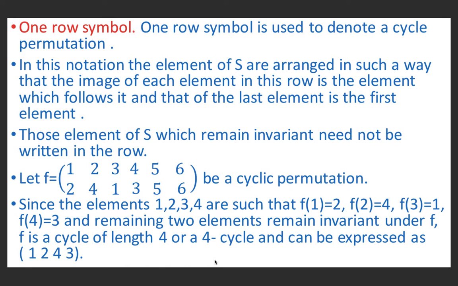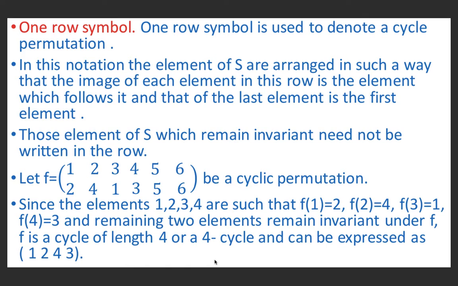So, we may express a cyclic permutation in one row symbol. In this notation, the elements of the set are arranged in such a way that the image of each element in this row is the element which follows it, and that of the last element is the first element. Those elements of S which remain invariant need not be written in the row.